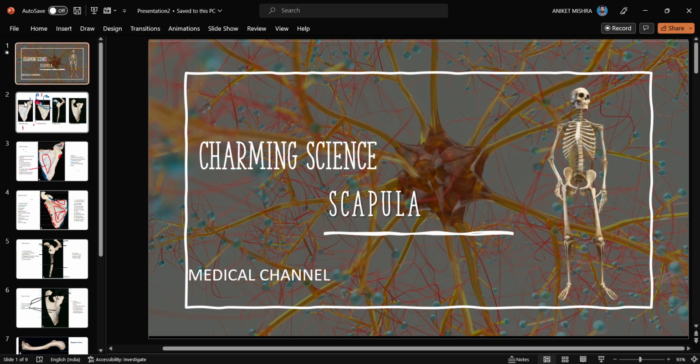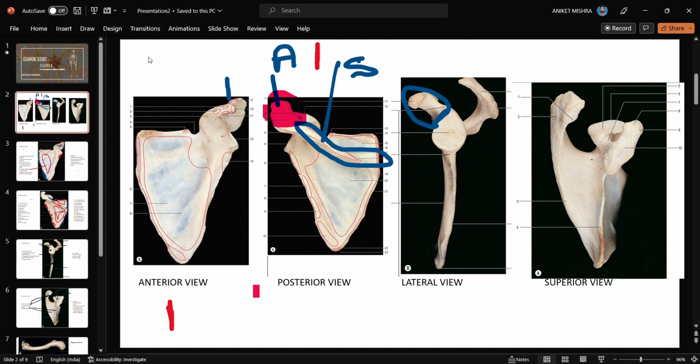One thing I forgot to tell you is how we determine the side of the scapula. When we see the scapula, the lateral border has a glenoid socket, or the glenoid fossa, a large fossa present on the lateral border of the scapula.